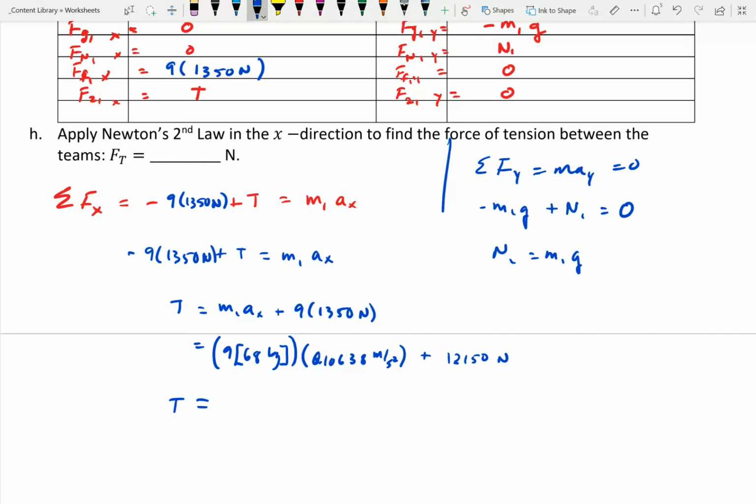So if we multiply those through, the 9 times 68, of course, we've already calculated that's 1269 times 0.10638 is, I didn't calculate that.